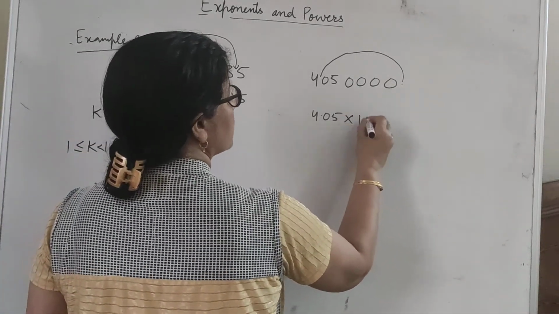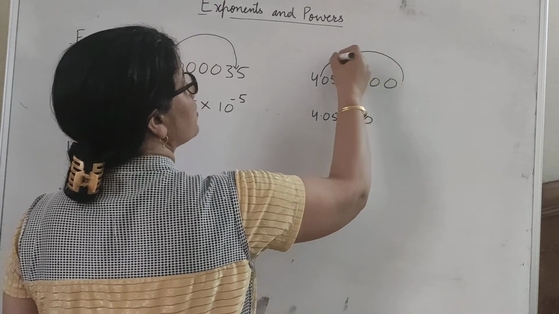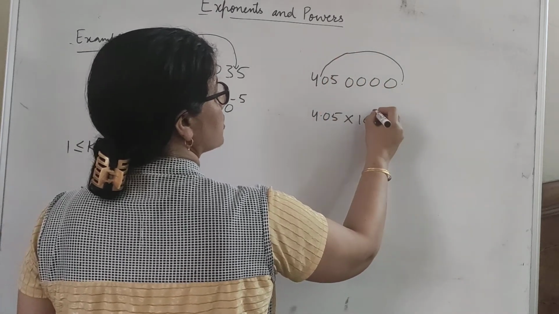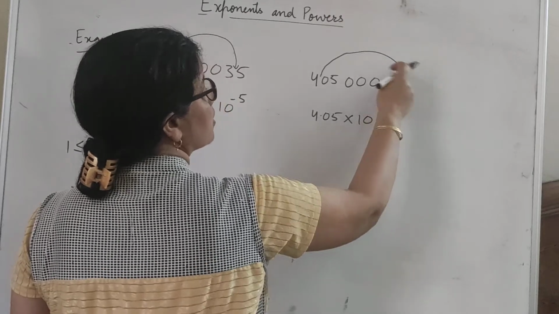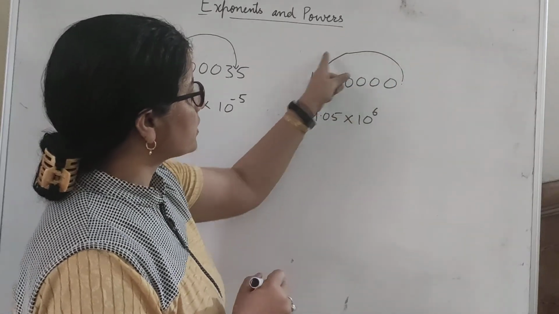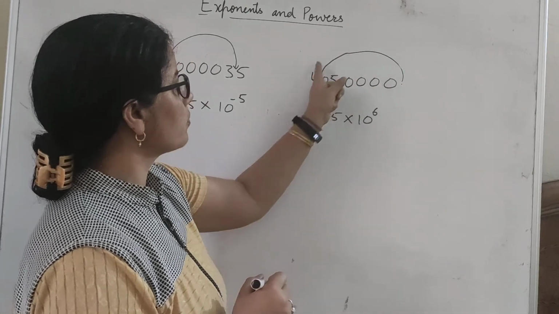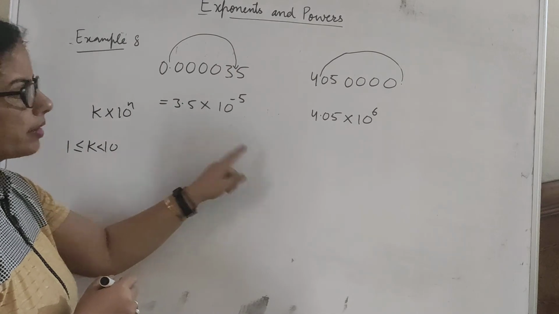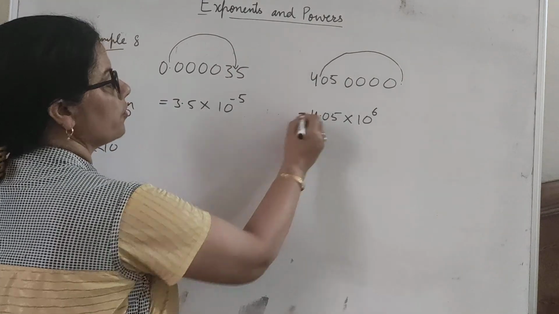And now see how many places we are coming to the left. 1, 2, 3, 4, 5, 6. 6 places means the power will be positive, because we are going in which direction? In left. In left we are going means positive power. If we are going in right, then negative power. So this is the standard form of this one.